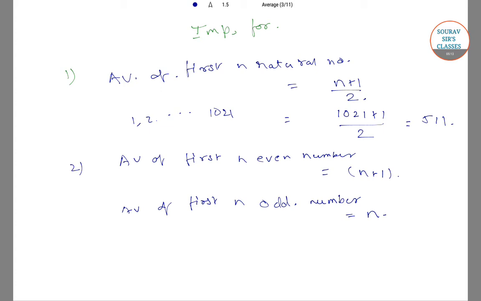So the average of the first 10 even numbers, that is 2, 4, 6, 8 till 20, is equal to 10 plus 1, which is equal to 11. And the first 10 odd numbers, that is 1, 3, so on till 19, would be given by n. Therefore, the average of the first 10 odd numbers is 10.